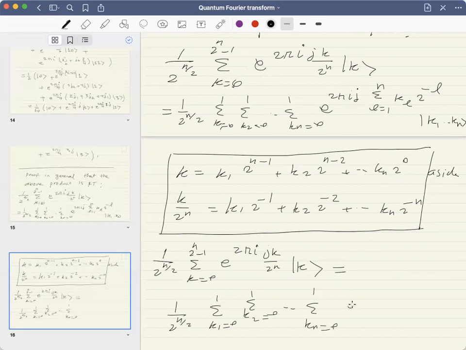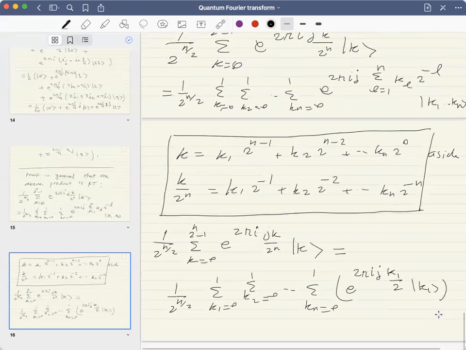So I have e to the 2 pi i j k1 over 2, k1.